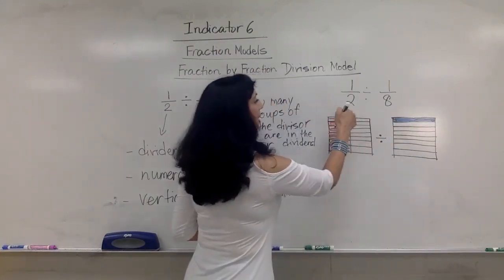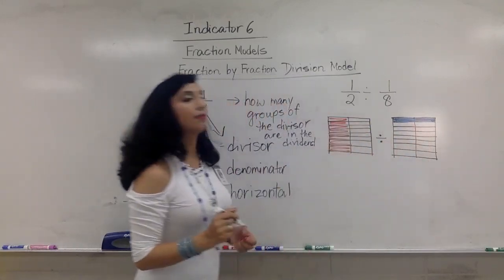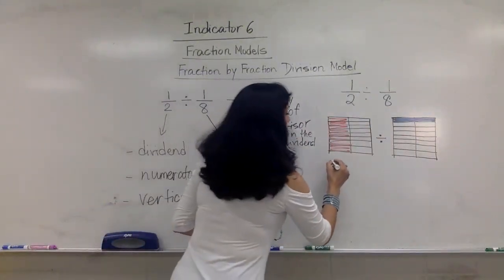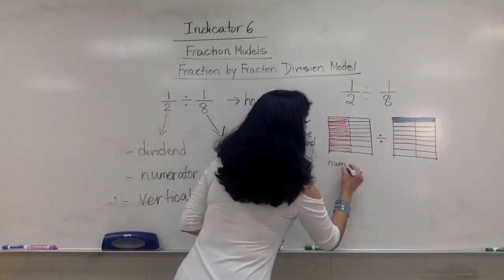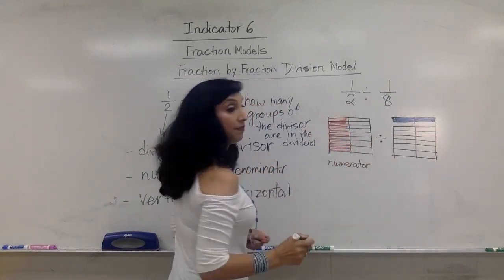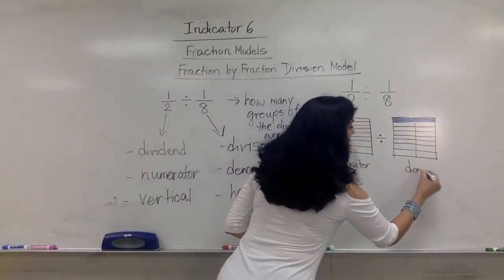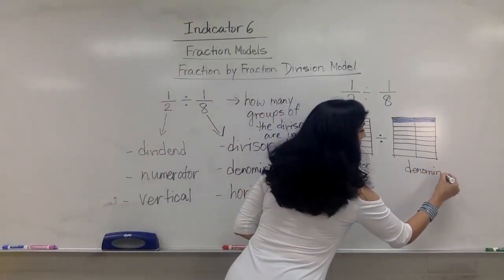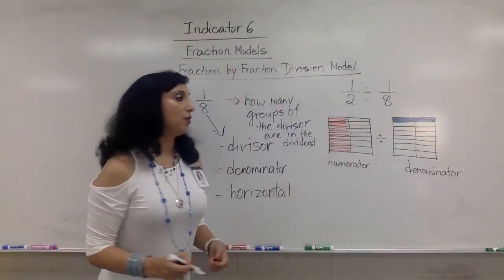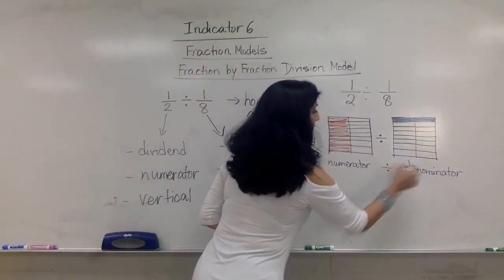On this one, I'm going to incorporate this. Remember, this is my numerator because it is my dividend. This is my denominator because it is my divisor. So this divided by this.